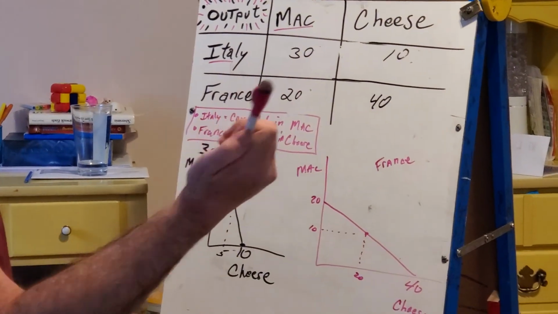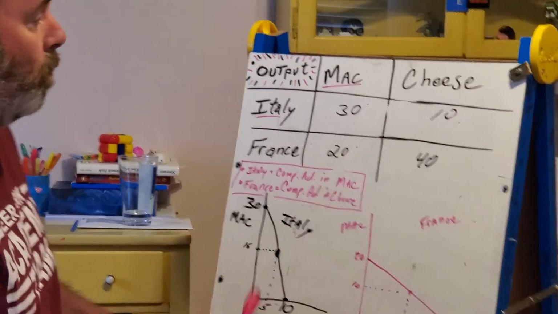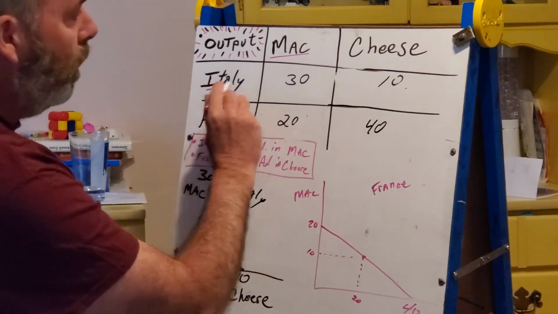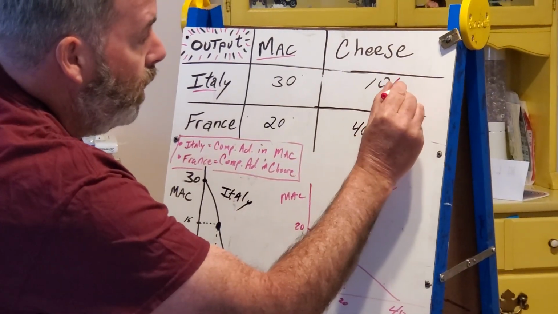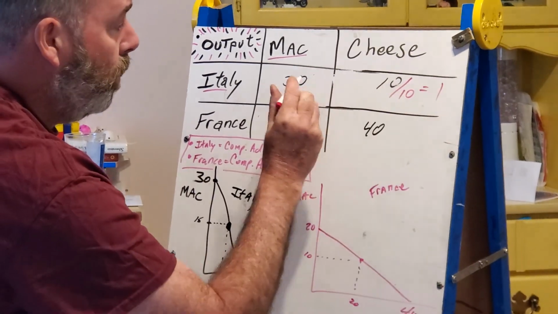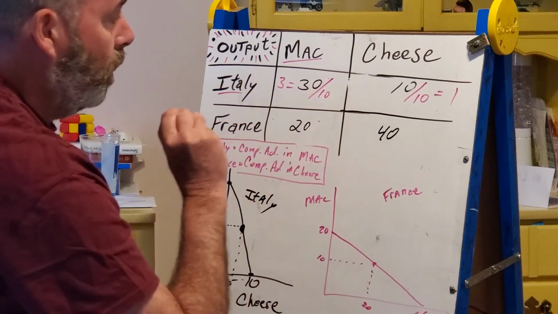What are we asking ourselves? We're saying, who should produce cheese, Italy or France? Well, let's look at cheese. We go down the cheese column to Italy. Italy can produce 10 units of cheese. Let's make that equal to 1. Don't forget, whatever denominator we use here, we use on the other side. 30 over 10 equals 3, right?